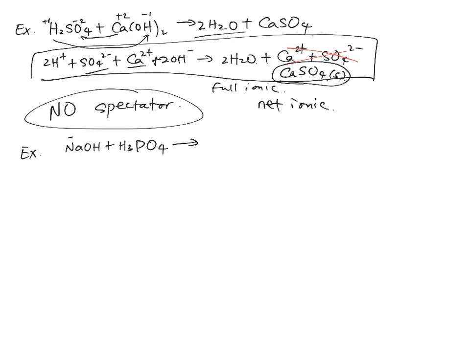That should be easy. Sodium is +1, hydroxide is -1, hydrogen is +1, you have 3 of them, phosphate is -3. So sodium is going to go together with phosphate, hydrogen is going to go together with hydroxide. Sodium, phosphate, +1, -3, so you're going to need 3 of those to offset the charge.